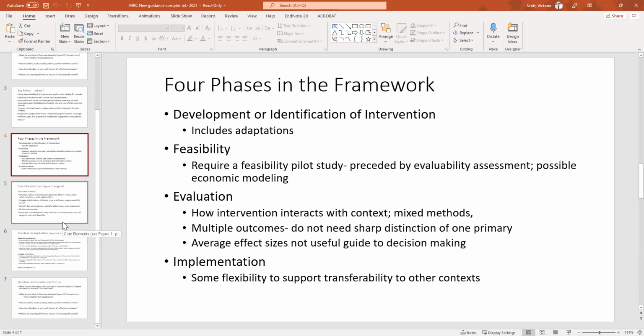Third, then, the evaluation phase. And again, they conceive of this as very broad, mixed methods, multiple outcomes. They do come back to this point we talked about last time about average effect size not being that useful for decision making.